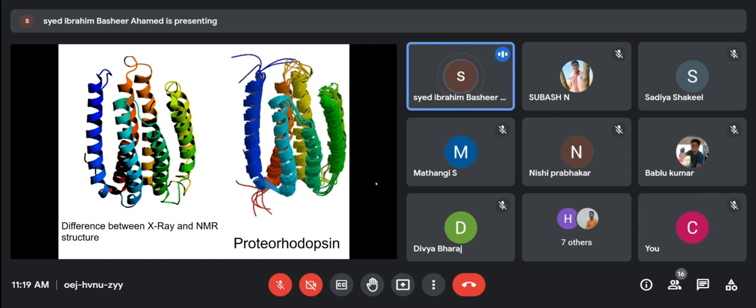Then expression problem, then purity. You have to come across all these things, and then you have to screen thousands of conditions. For crystallization, you have so many factors, and finally whether it will diffract or not, you do not know.